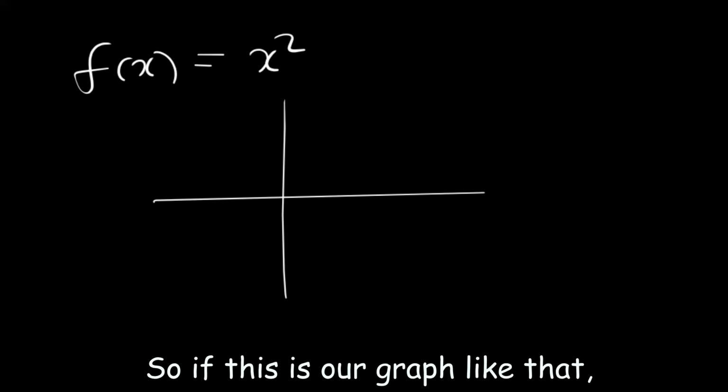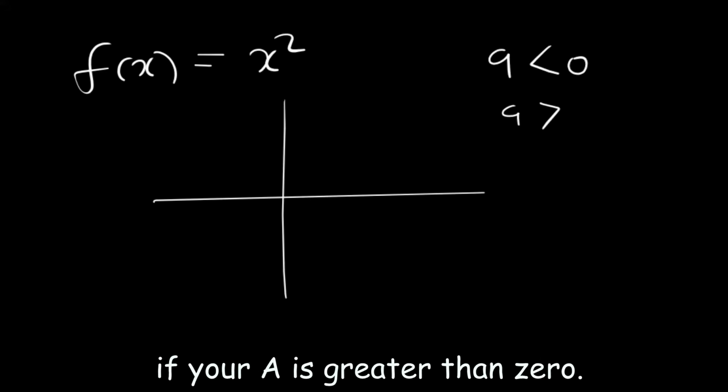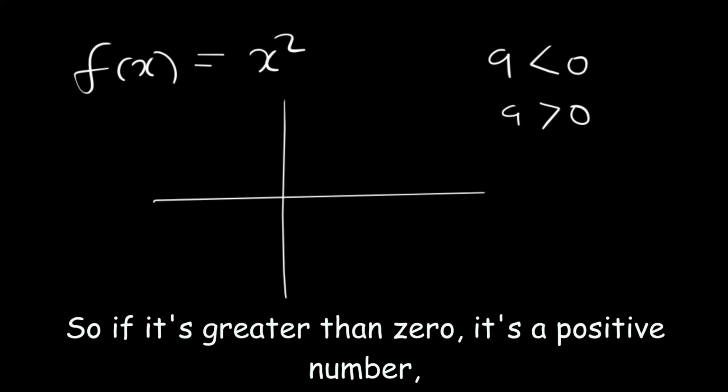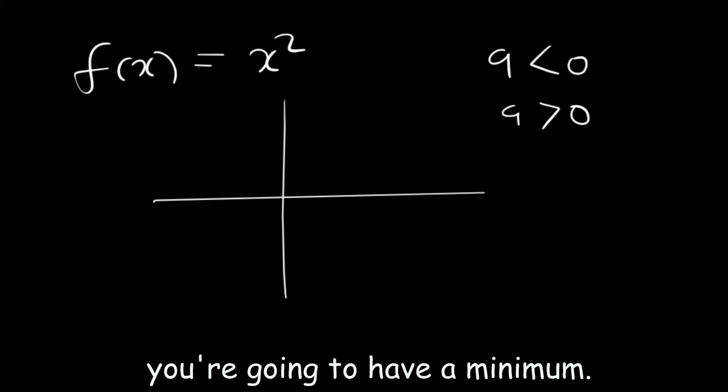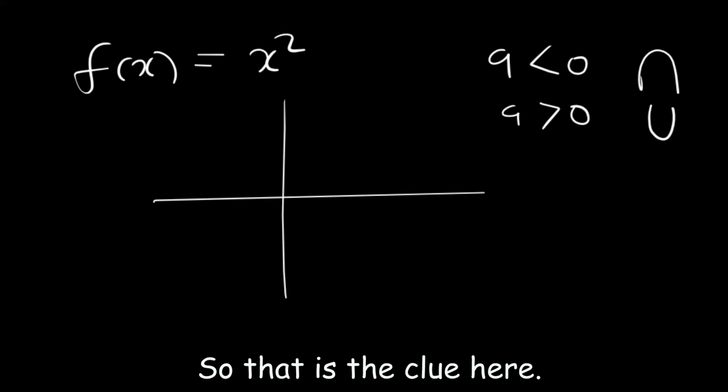So if this is our graph like that. Now like we've said, if your a is greater than 0, it's a positive number, you're going to have a minimum. If it's less than 0, you're going to have a maximum.